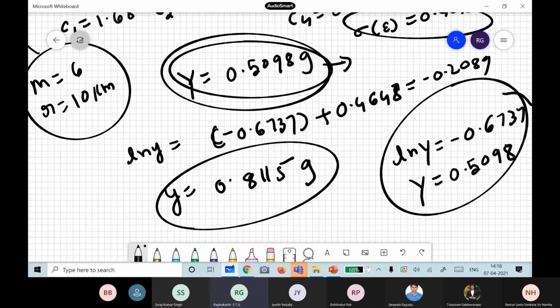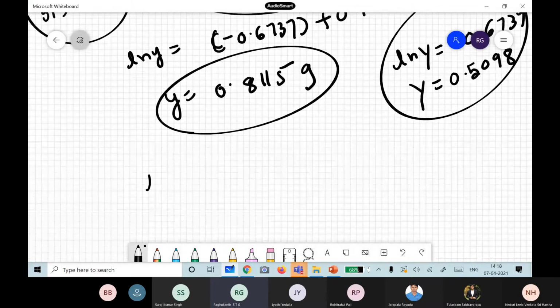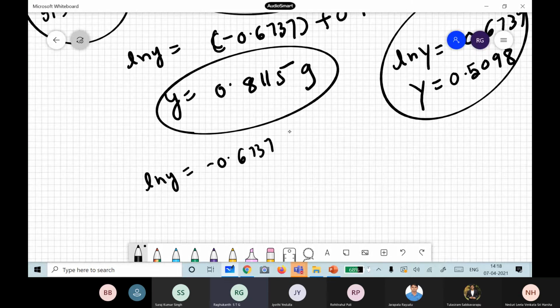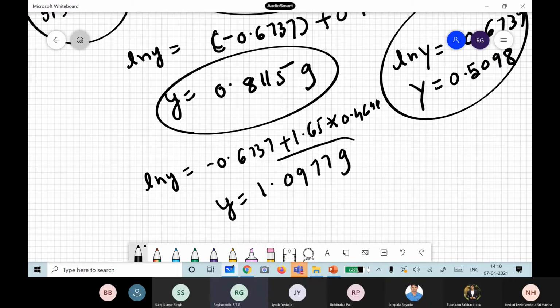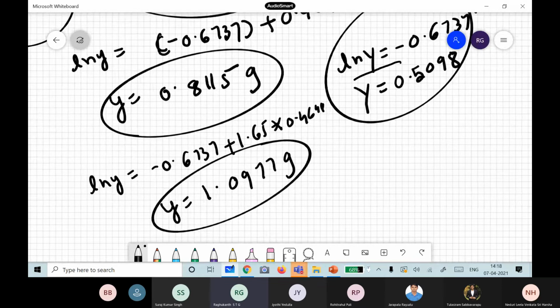Now for the 95th percentile, you add 1.65 times sigma: log y is minus 0.6737 plus 1.65 times 0.4648, so I get y as 1.0977 g. So this is the 95th percentile, this is the 84th percentile, and this is the mean value, the 50th percentile, as we used to say.